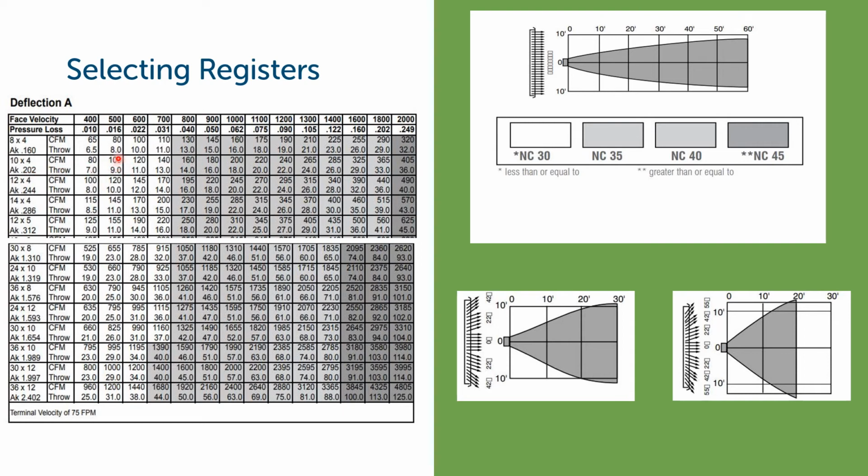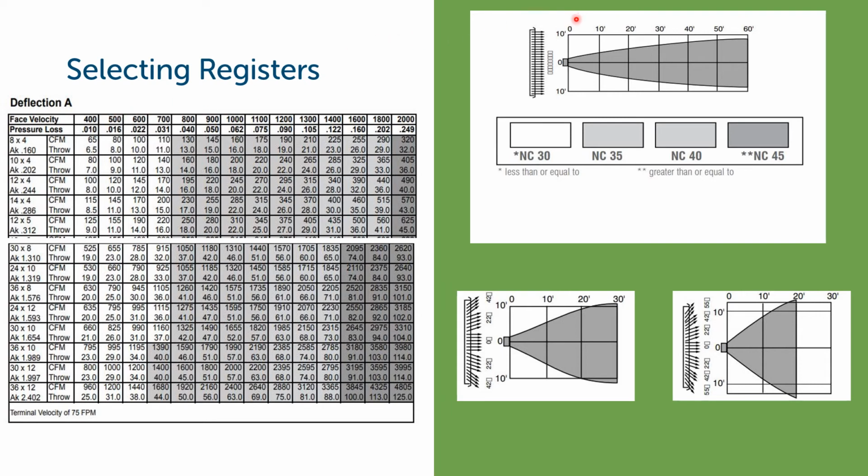So this gives us the CFM we can get, 100 CFM, and here's the throw, 9.0 feet. And that's based on, remember, it's going to show us a terminal velocity here. So at the end of 9 feet, that 10 by 4 register is going to be moving at 75 feet per minute if we feed it with a face velocity of 500 feet per minute.